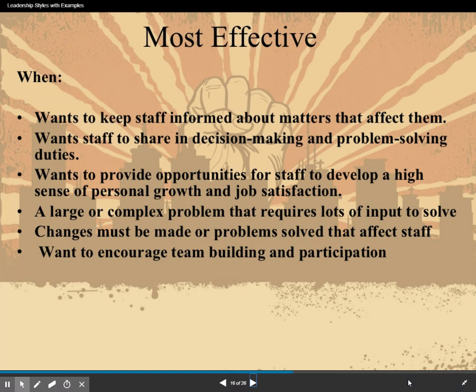So democratic leadership is really good for teams. It's really good for large groups. It's good for growth in a company, for personal growth, and for economic growth. So people having a say is very important.